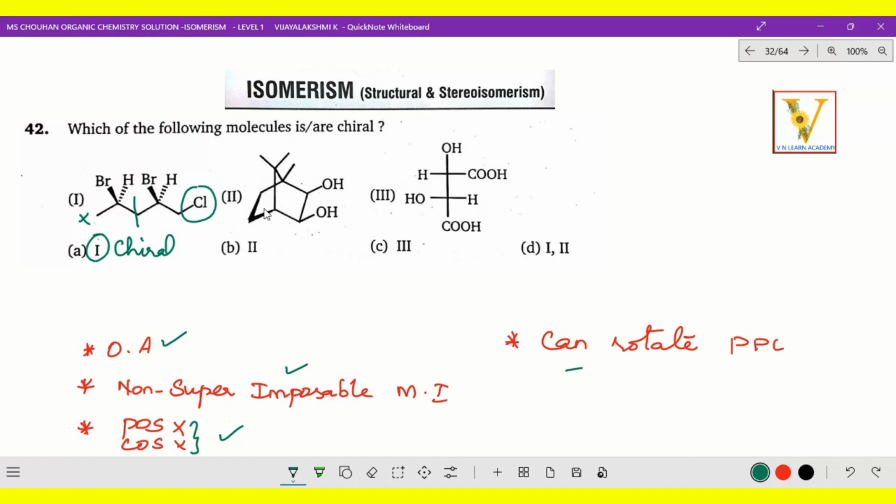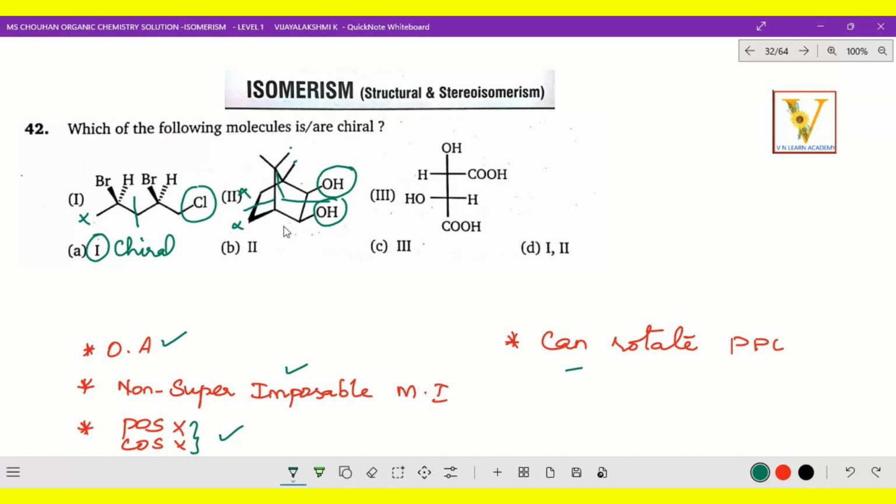Now the second compound. When you cut this side, this side has OH available, both sides have OH available, but here there is no OH. The next point: here it is thick, that means wedge, but here you cannot find such a structure. And the third point: when you cut over here, CH3 is there on only one side, whereas here nothing.